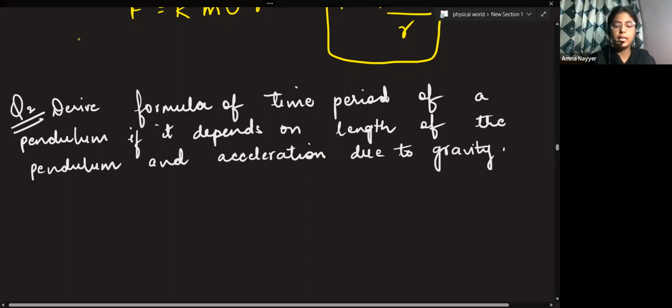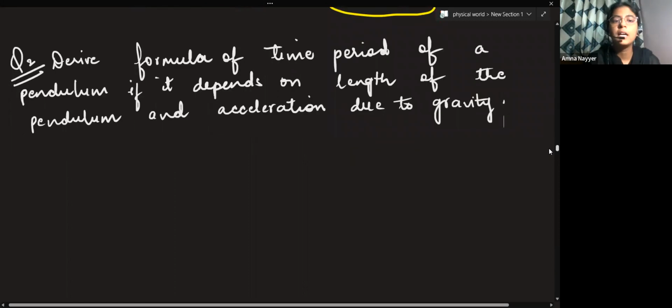Now see, again, the steps remain the same. You have to derive the formula of time period. It means time period is proportional to what? Firstly, it is proportional to the length of the pendulum. Let us write it as L. L represents the length of the pendulum.